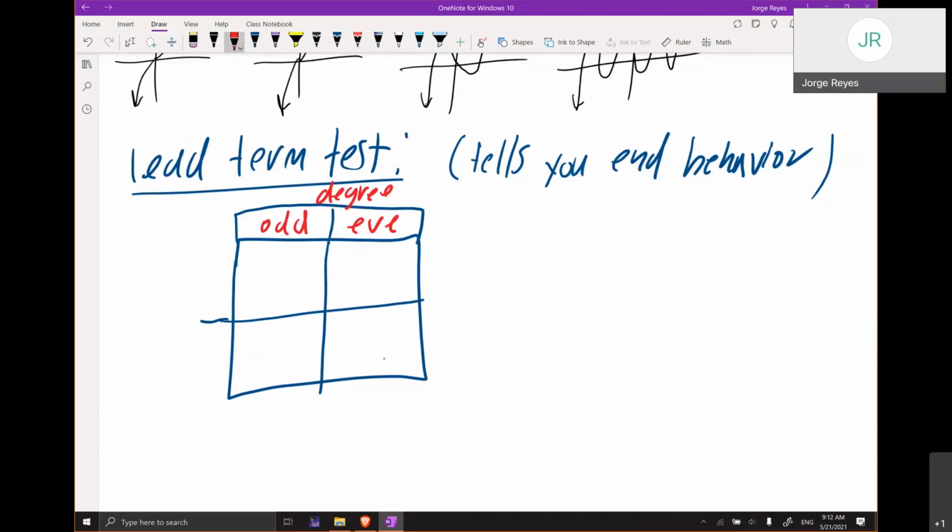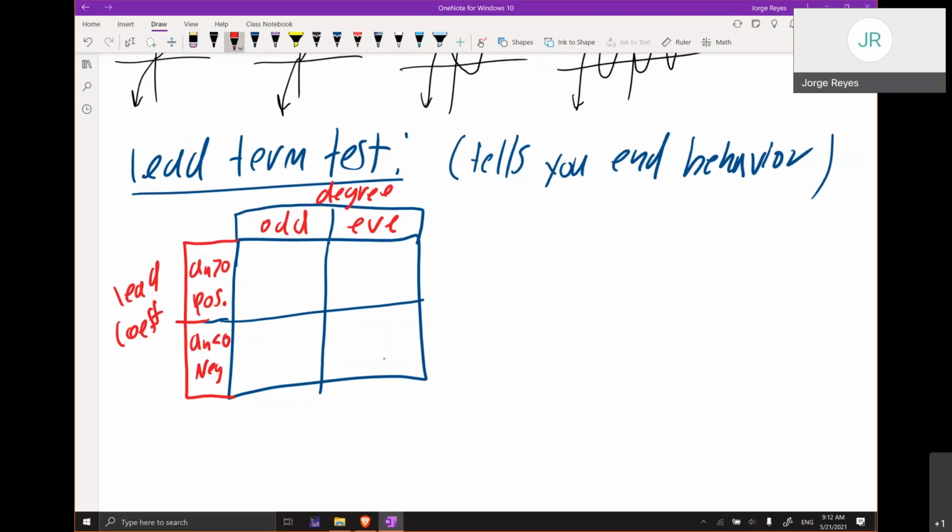And then over here, this is going to be the lead coefficient, and whether it's positive or negative. Okay, so these are the four things that affect end behavior.